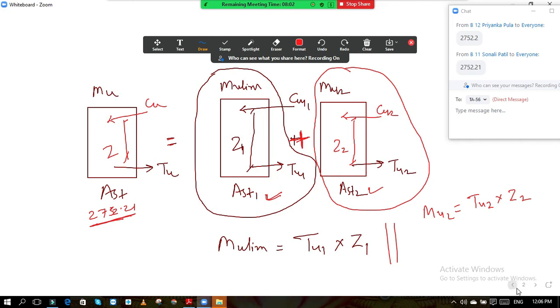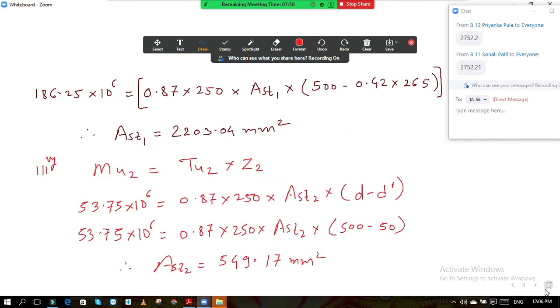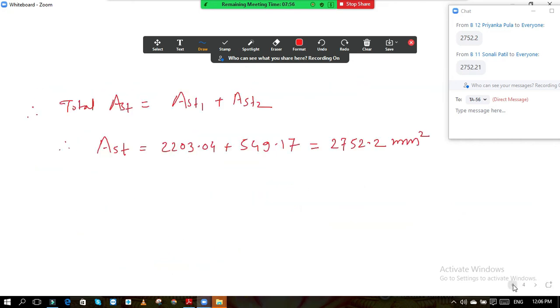Okay. So now assume a suitable bar diameter and calculate the number of bars. Assume 25 mm diameter bars.